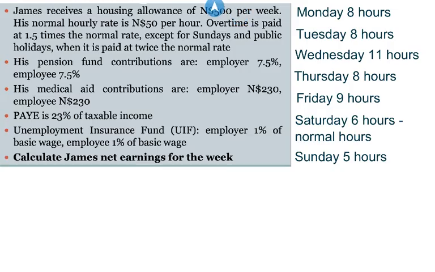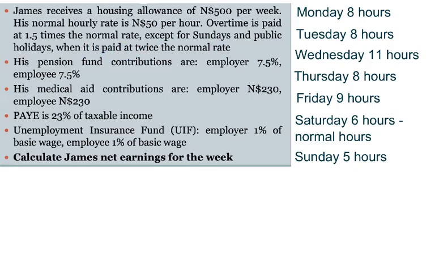But in this exercise, it was in the form of cash, $500 per week. Then his normal hourly rate is $50 per hour, and it gives us all the hours that he worked throughout the week. Overtime is paid at 1.5 times the normal rate, except for Sundays and public holidays when it is paid at twice the normal rate.